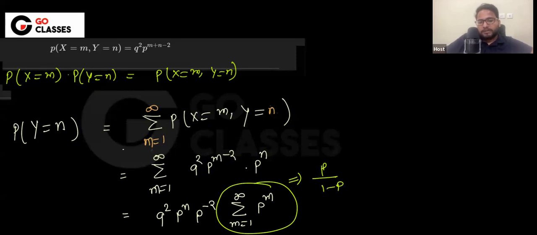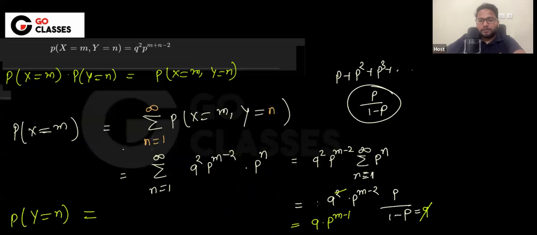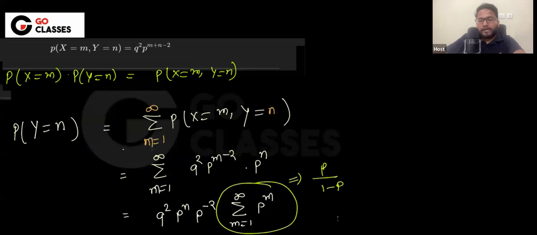So what is the final answer? This and this will get cancelled out again. Okay. So this is getting cancelled out with this. This is q into p power n minus 1, right? Earlier what we got? q into p power m minus 1.